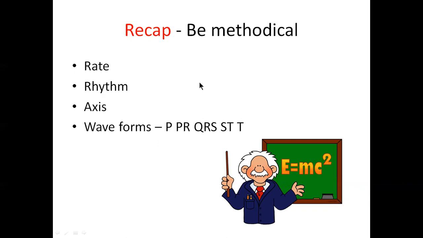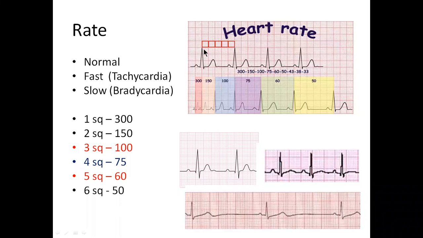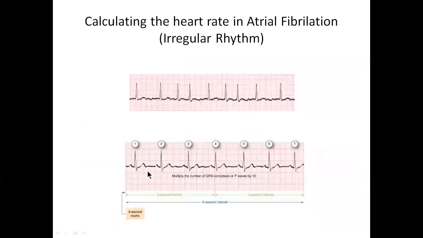So just to recap, you know how to check the heart rate by counting the number of large squares. And remember, I wanted you to memorize this: 300, 150, 100, 75, 60, 50.